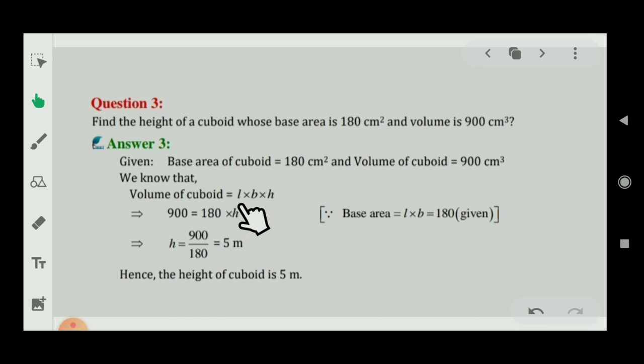So we can put L into B's value 180 and volume is given also in the question, that is 900, and from this we can simply find the value of height. So the height of the cuboid is 5 meter.